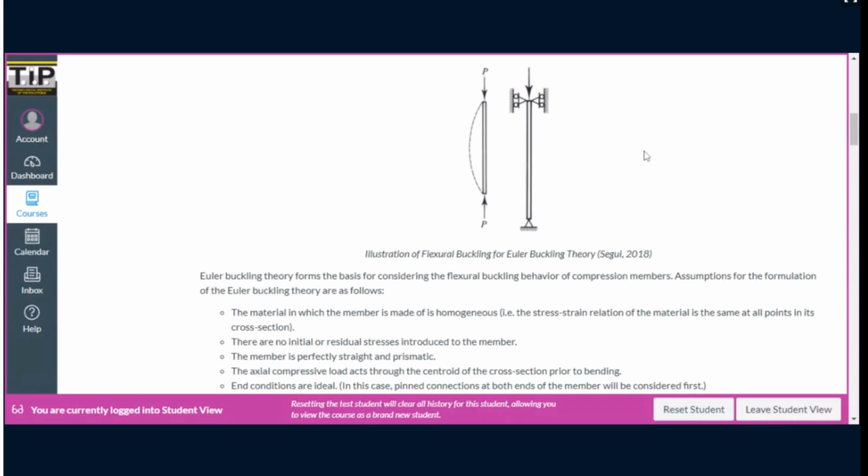From there, you solve the differential equation and then you come up with the maximum load that the column will be able to resist prior to buckling, without buckling.